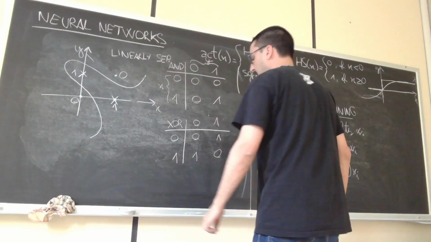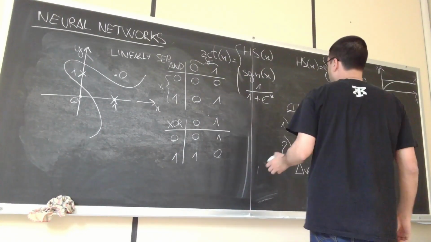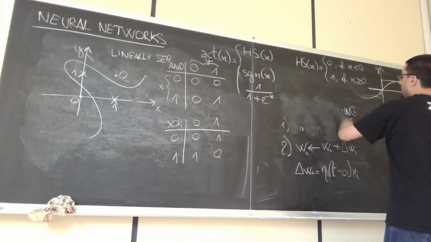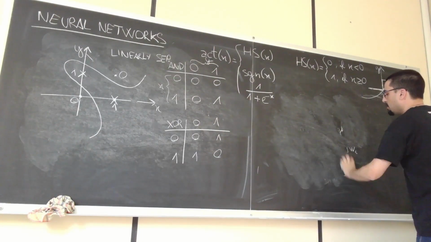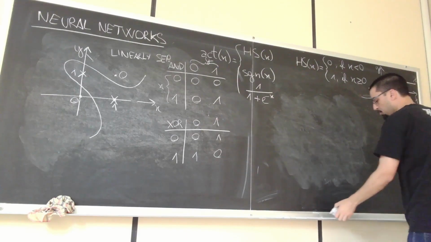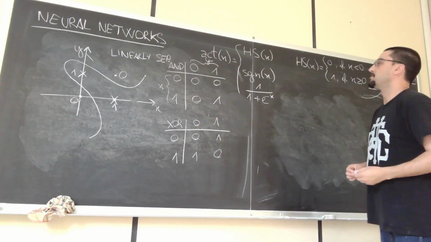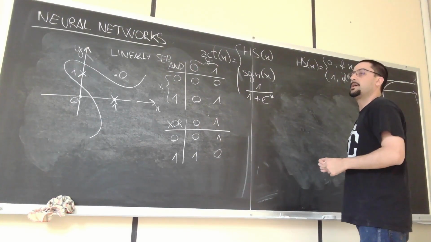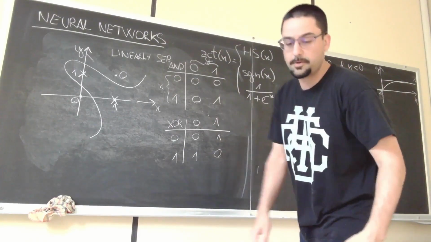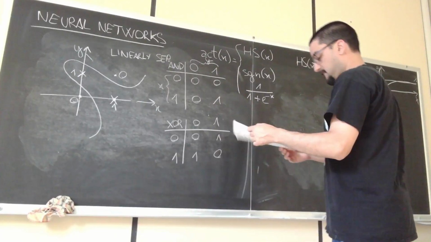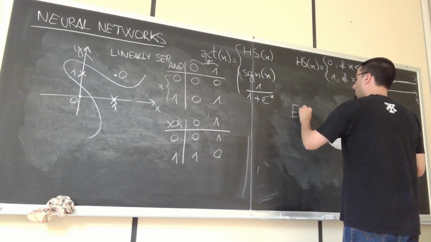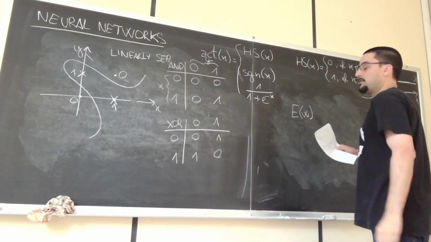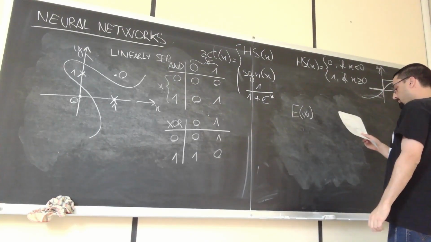Well, basically we have a different way of measuring the error. So instead of just measuring it by doing the difference between the target value and the output of the artificial neuron, we have an error function for our vector of weights, E(w).